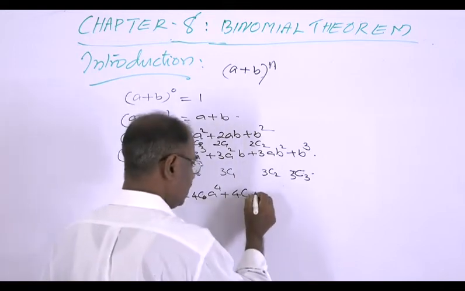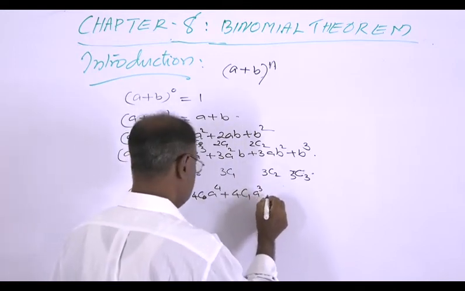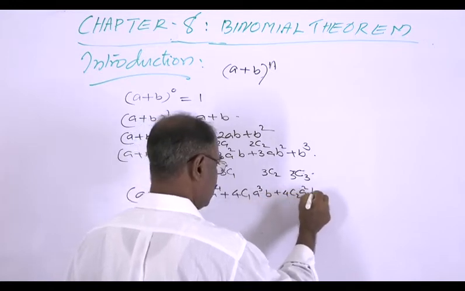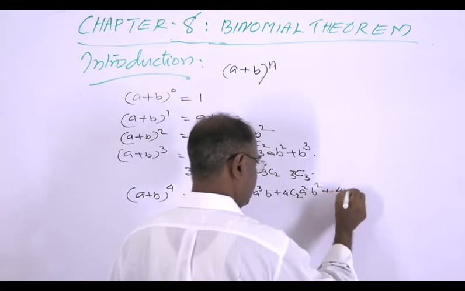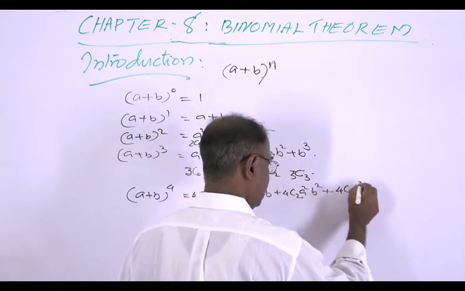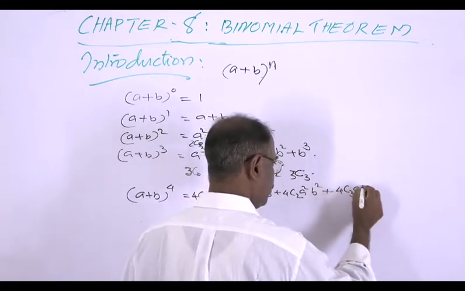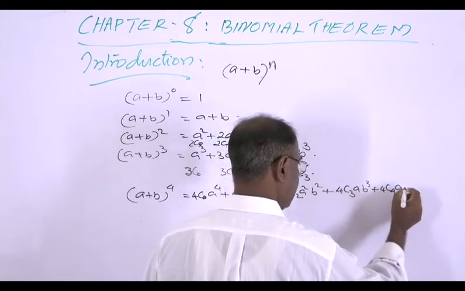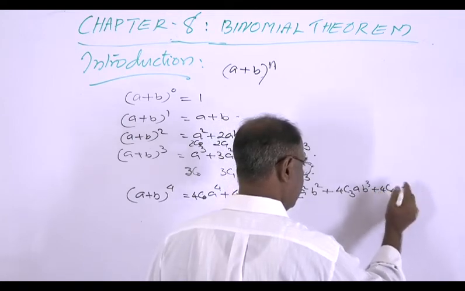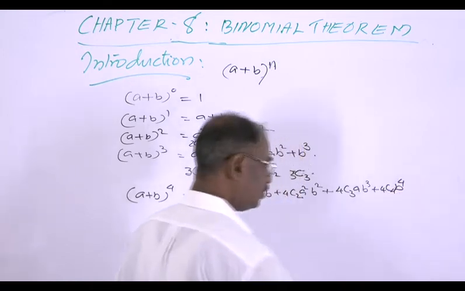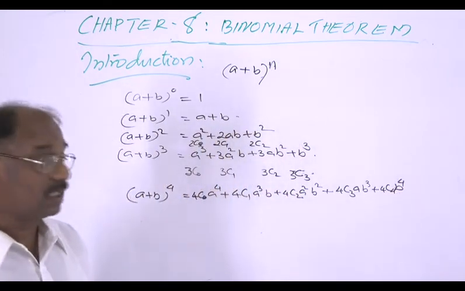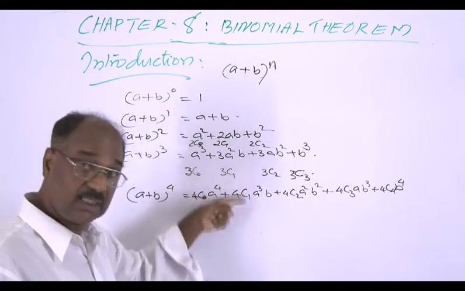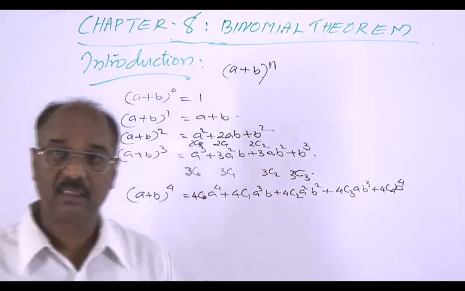So 4C1 A cube B plus 4C2 A squared B squared plus 4C3 A B cube plus 4C4, A raised to 0, B raised to 4, that is 4C4 B raised to 4. So this will be the expansion using these results.